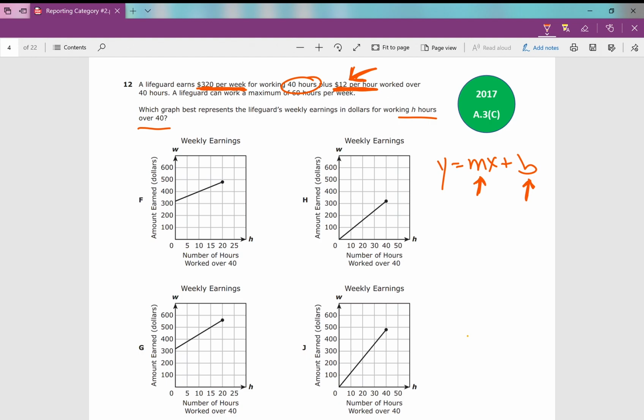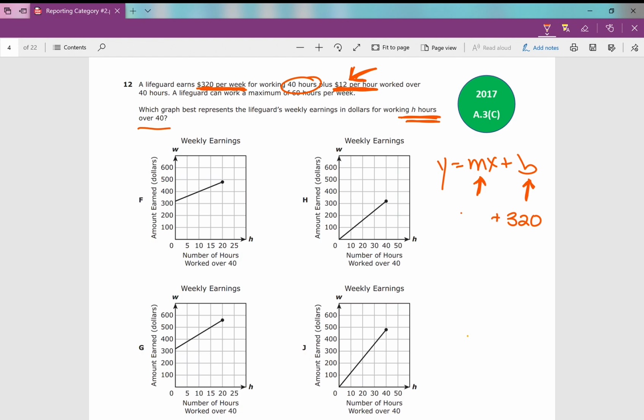So the question asks, which graph best represents the lifeguard's weekly earnings in dollars for working H hours over 40? So essentially in this problem, we have to assume this lifeguard has already worked a 40-hour work week, which means 320 is our beginning amount. He's already earned, or she has already earned $320.